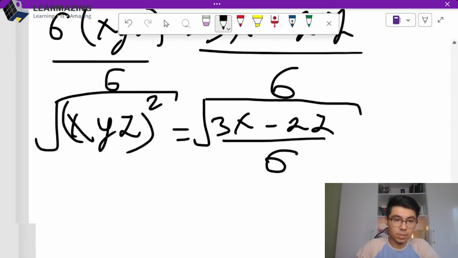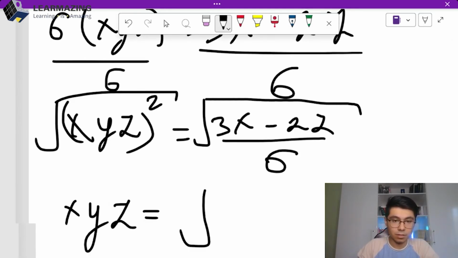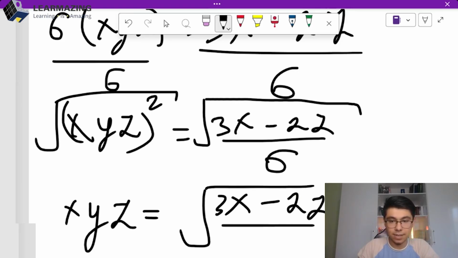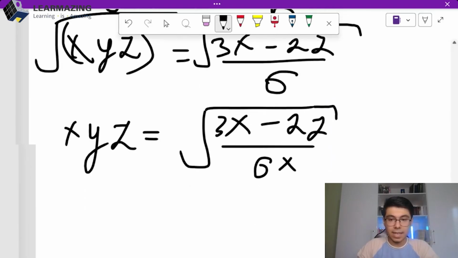So that would be xyz equals the square root of 3x minus 2z divided by 6. And now what we can do is divide both sides by zx so that we can isolate y.